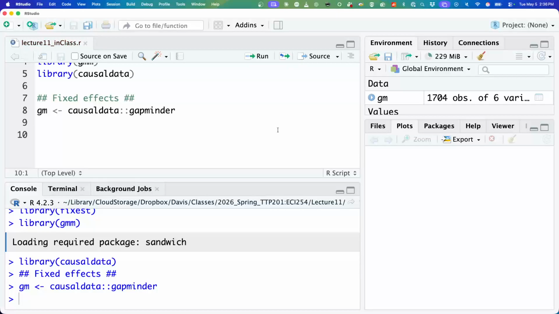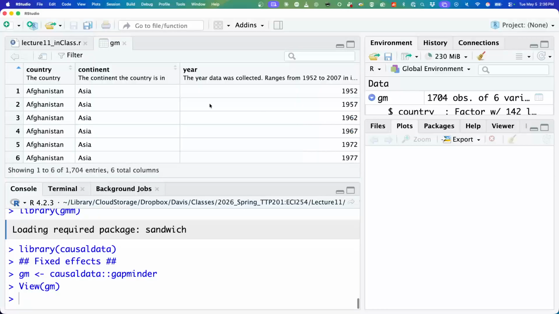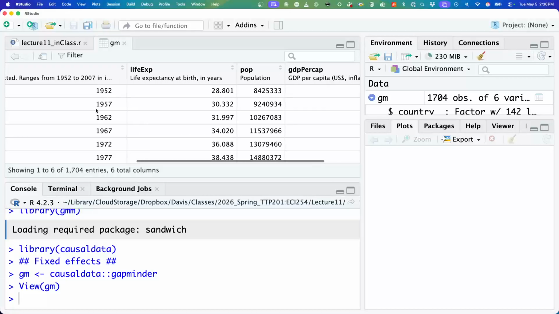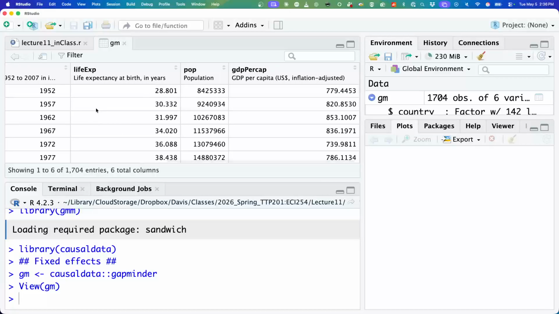So if I look at this data, okay, what does this look like? We have country, continent, the year, life expectancy. This is life expectancy at birth in years, the population, and then GDP per capita.